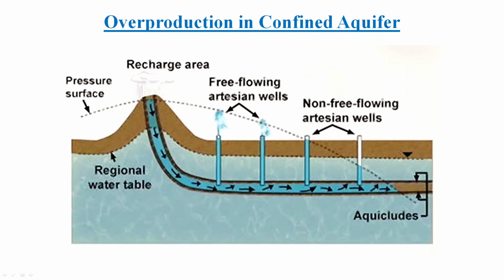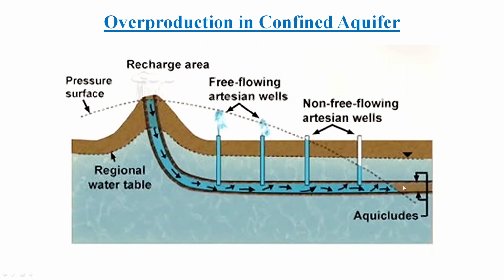If you can dig a well directly to the confined aquifer, then you can also get an artesian well, in case you are lucky enough. Otherwise you will dig a well that is a non-free-flowing artesian well, where the piezometric surface cuts the well at an angle like this.